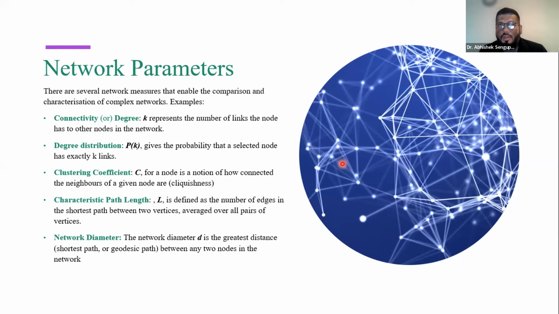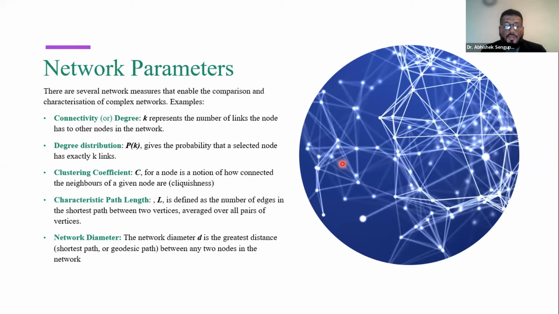It's nothing like that. It's not as simple as that. There are various deeper aspects of networks, where we understand networks and infer from them various understandings of those biological processes, right?